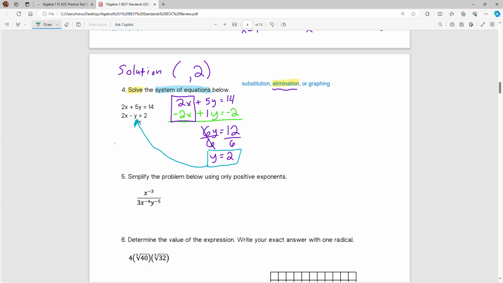You could pick the top one. In class, when I asked you guys which one you wanted to pick, everybody kind of said the top one, but I would go for the second one because there's no coefficient with that variable. So when I'm plugging it in, 2x minus y, which my y is 2, 2x minus 2 equals 2. And now solve for x.